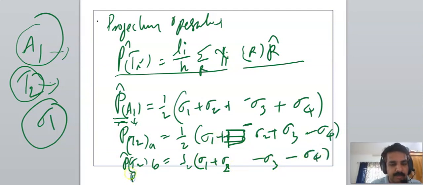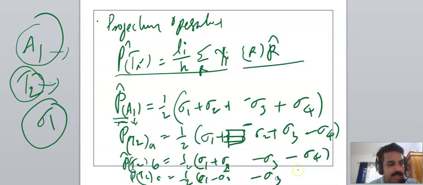And the last one, P cap T2C, because there are 3 linear combinations, 3 SALCs having T2 symmetry, because T2 is triply degenerate. Again we get 1 by 2 as the normalization constant: sigma 1 minus sigma 2 minus sigma 3 plus sigma 4.